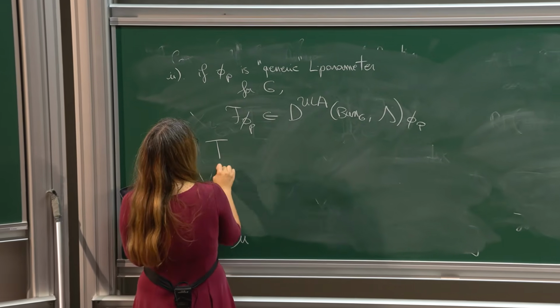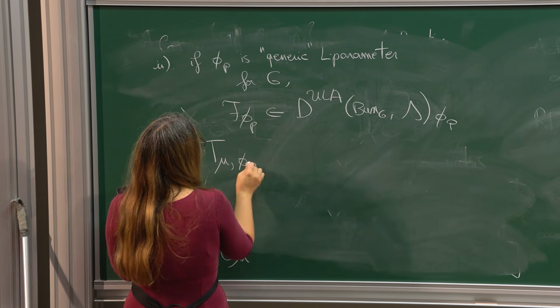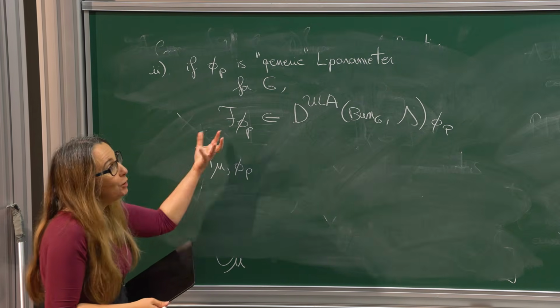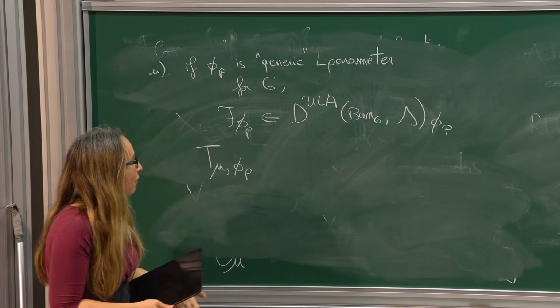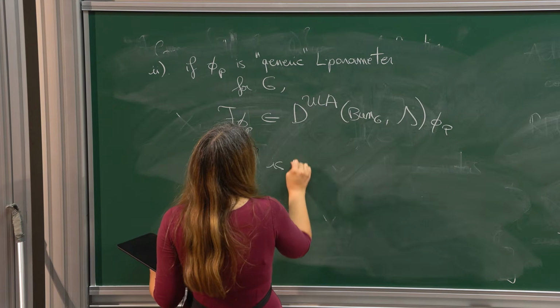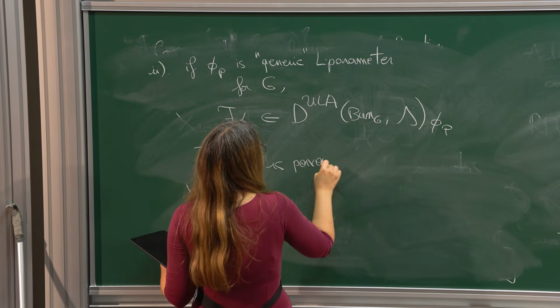And moreover, there's a localized Hecke operator that acts on it that will give you the localized cohomology of the Shimura variety. And this localized Hecke operator is perverse T exact.